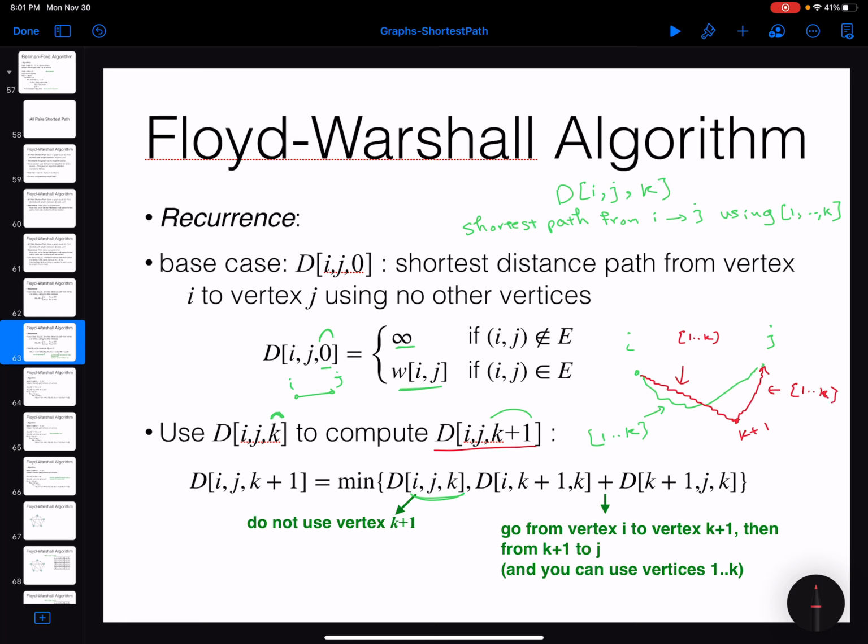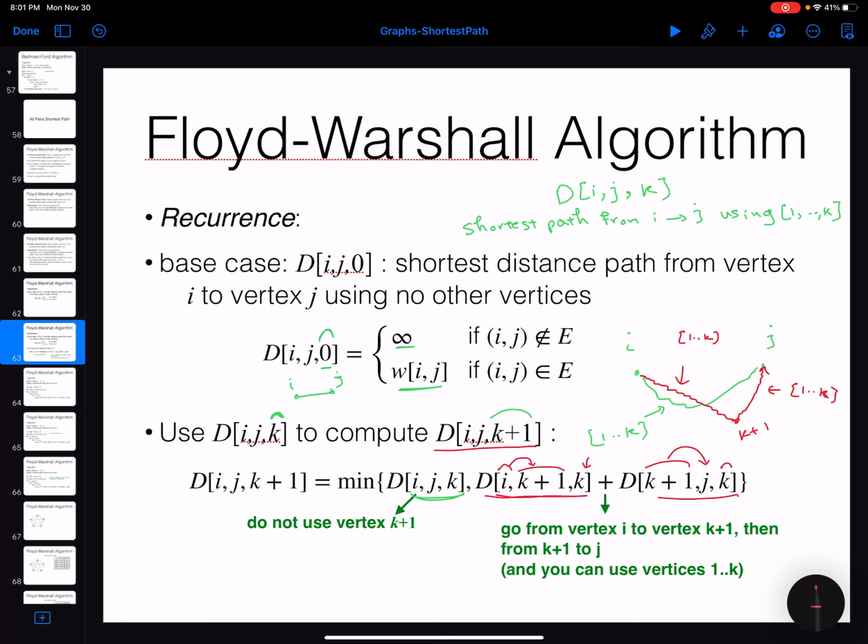So this is the distance from i to the node k plus 1, using the nodes from 1 to k, and the path from the node k plus 1 to j, using the nodes 1 to k.